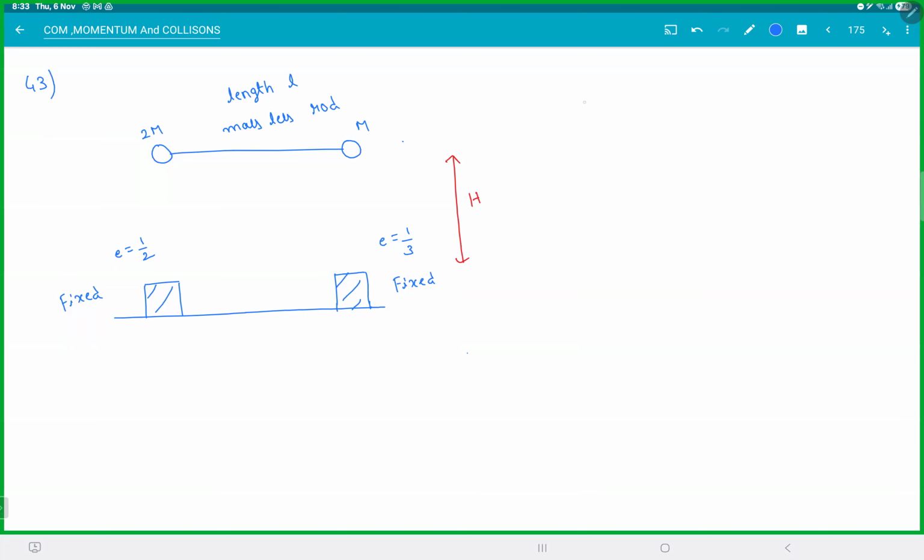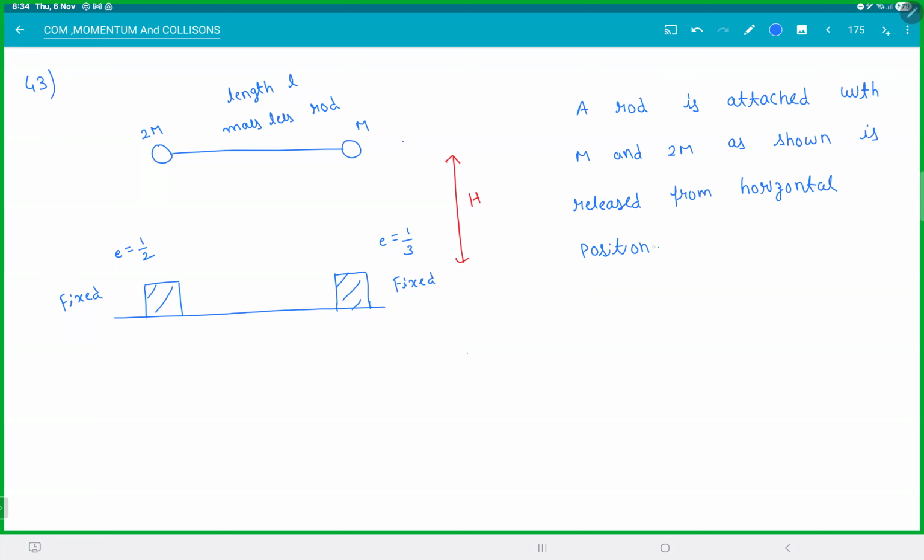Right, so a rod is attached with two masses at the ends as shown. It is released from the horizontal position. So this thing will come down and hit.